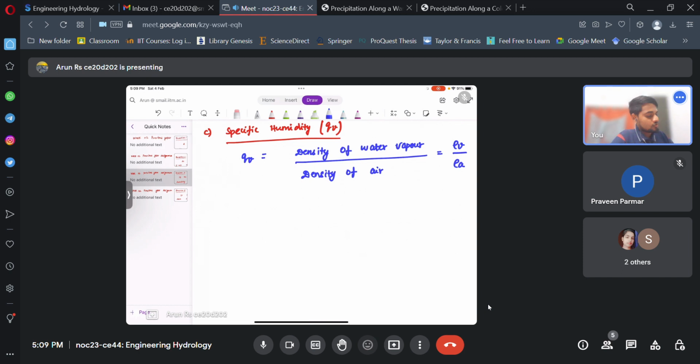So here we have one difficulty. We don't know what is rho v. So how do we estimate that? Everyone here knows Dalton's law, right?